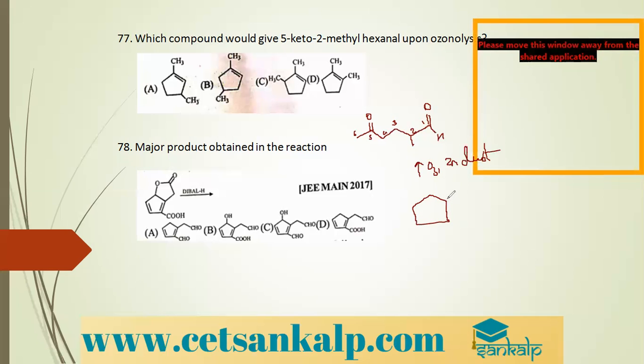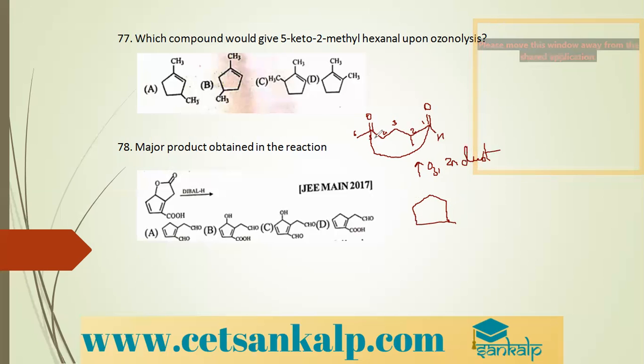There is a 2-methyl group. So when it is forming a ring from here to here, this is coming out, right? And there is a double bond. So this methyl group and double bond should be at adjacent positions, 1, 2, third carbon atom.